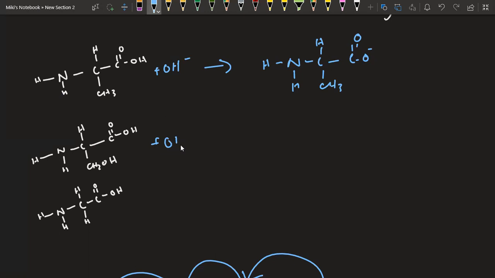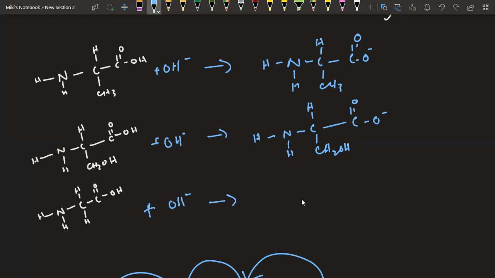Now over here, again we add hydroxide. The carboxylic acid reacts, and the amine remains itself an amine. It does not bother.